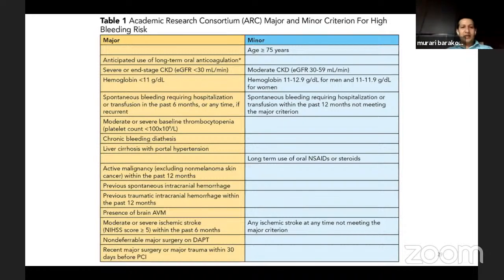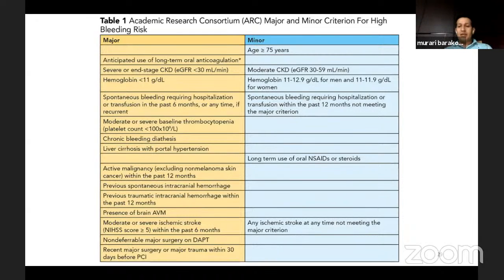How we remember is, most of the time I tell that we remember your colleagues of other departments, like liver cirrhosis, like thrombocytopenia, like malignancy, like ICH or AVM or stroke, or your surgical colleagues, like you cannot avoid surgery within a month, or have a recent surgery or major trauma within 30 days. So these are the people who are more likely to have much bleeding. And bleeding is bad.